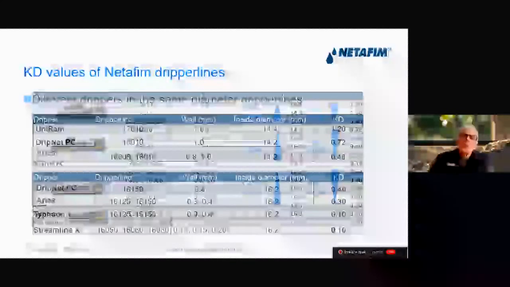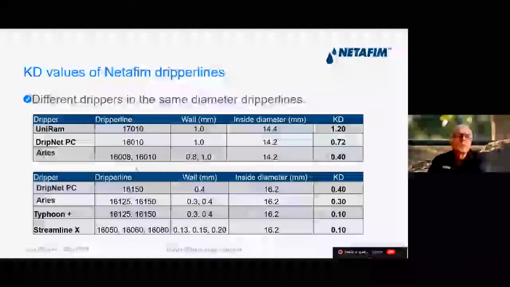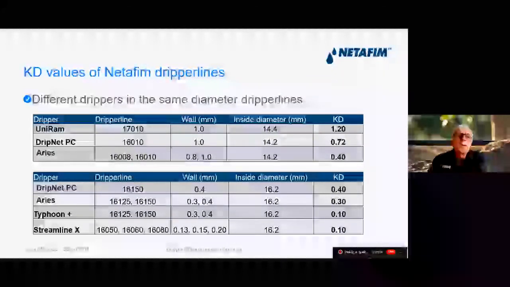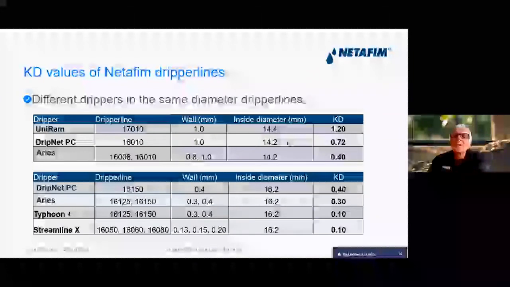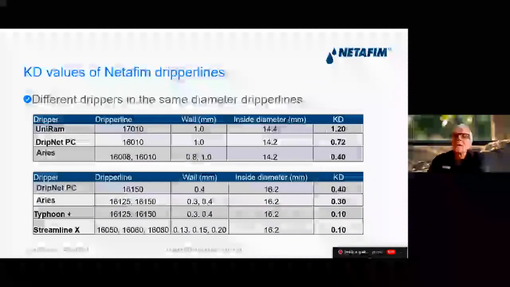Then we take these drippers and put them in the same diameter. If we look at Uniram in the top box, DripNet PC, and Aries, when they all go into a 14.4, 14.2 internal diameter, as you can see, this is why I mentioned that the KD can go above 1. For Uniram in that diameter, the KD will equal 1.2.